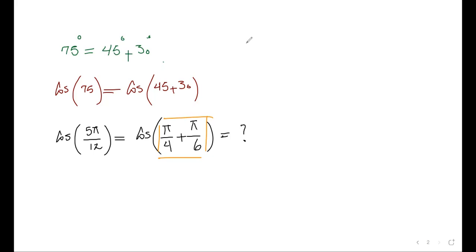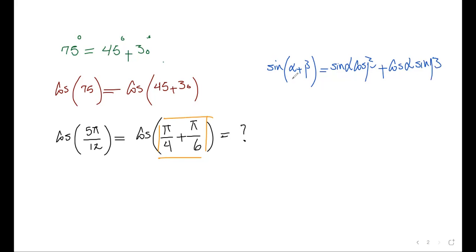Now, what we did before, we said that if we have the sine of the sum of two angles, we developed a method for it. It becomes sine alpha cosine beta plus cosine alpha sine beta.